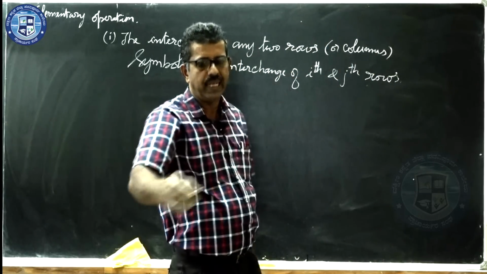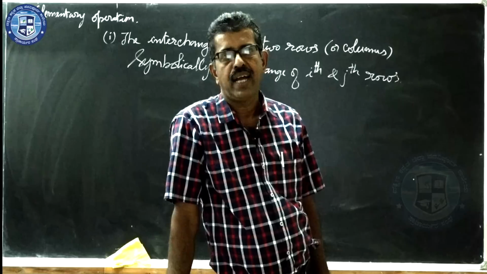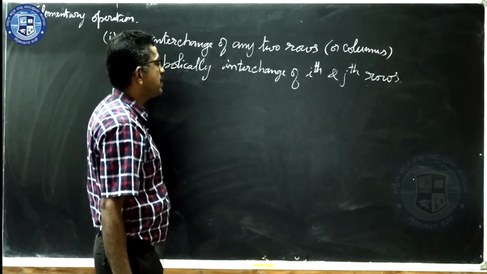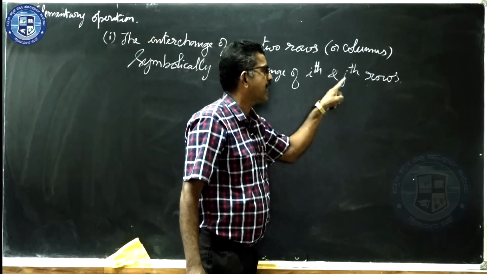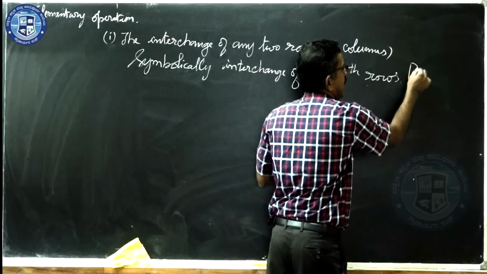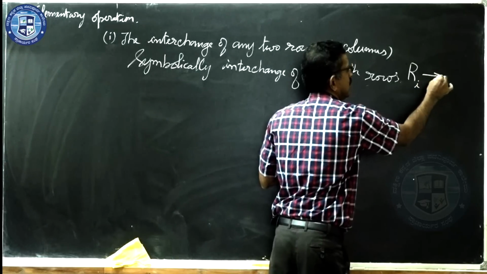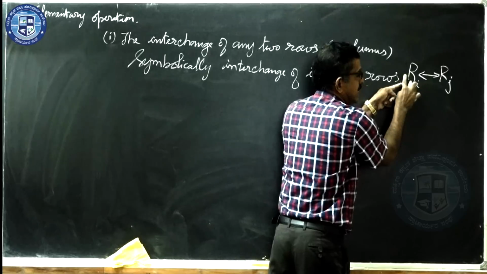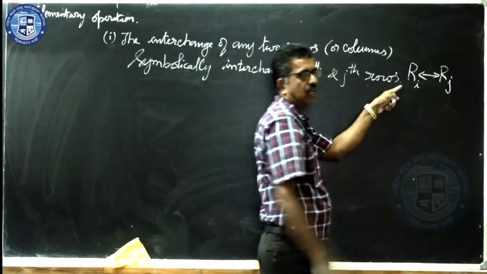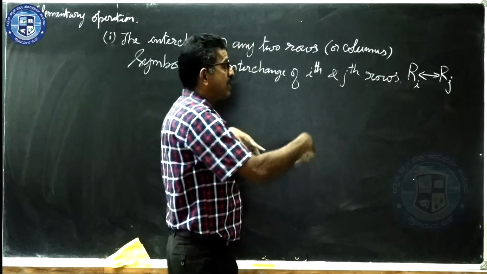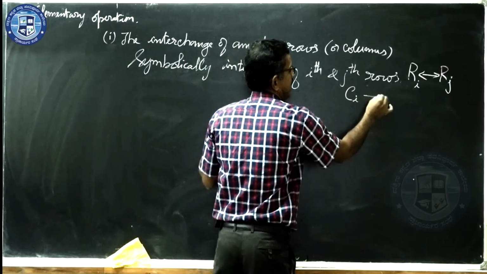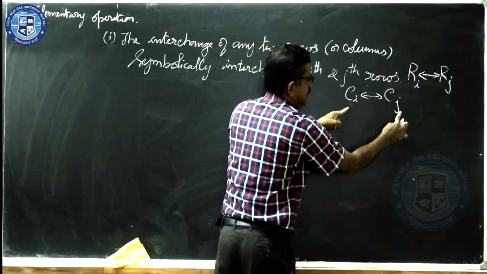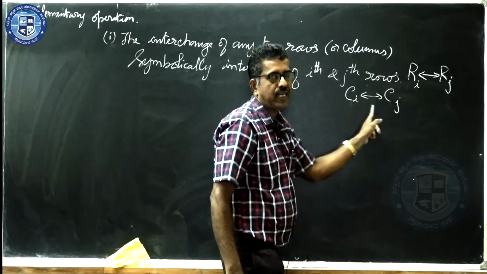Dear friends, normally rows are denoted with capital R and columns are denoted by capital C. So the notation for interchanging ith and jth rows is denoted by Ri with a bidirectional arrow Rj, meaning we interchange the ith row with the jth row. Similarly, you can have the notation Ci interchange with Cj. If you interchange the ith column and jth column, it is denoted like this.